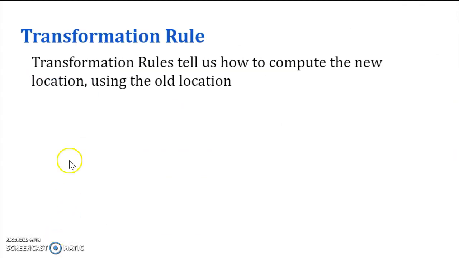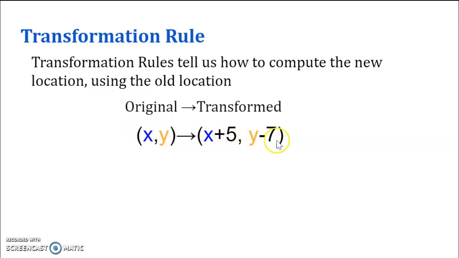Going back to our slides, transformation rules tell us how to compute the new location using the old location. So for example, if I have x comma y in parentheses, this is what we call arrow notation, where it tells you this is the original and this is the coordinate of the transform. Okay, so we started with original x, and what happened to the x? X got added by 5. Then y here got subtracted by 7. So what does that mean?